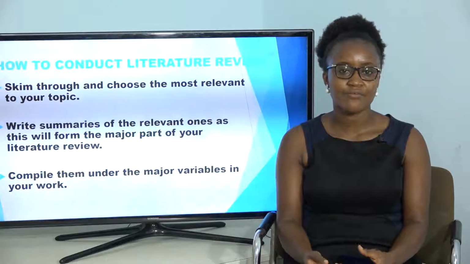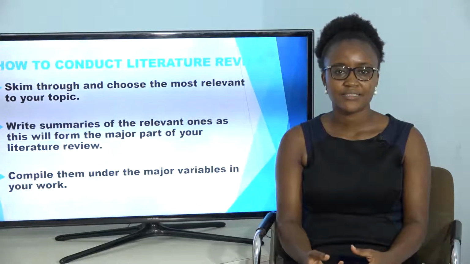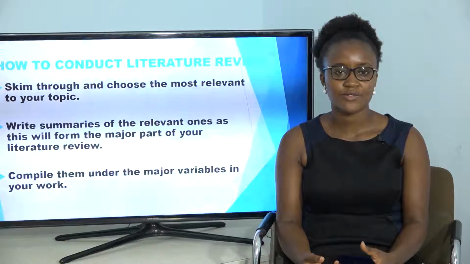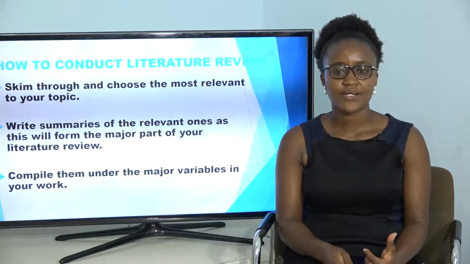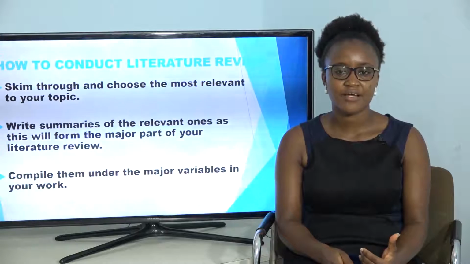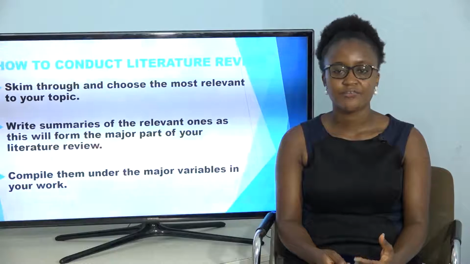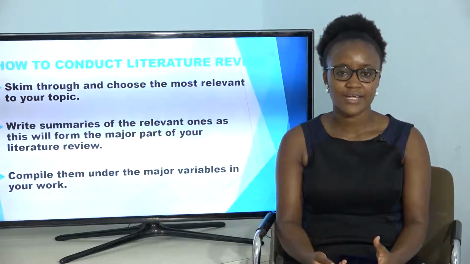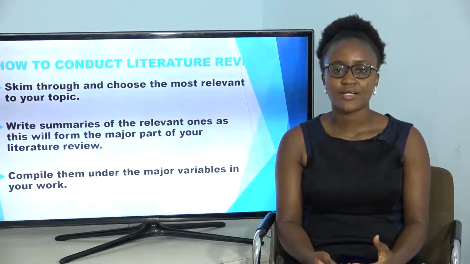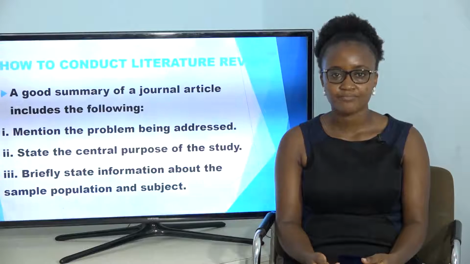So having looked at that, we look at all works that are most relevant to our topic. We can go and find works that have studied information-seeking behavior of church leaders or church workers, which is closely related to our work. And that would help us compile them under the major variables in our work.